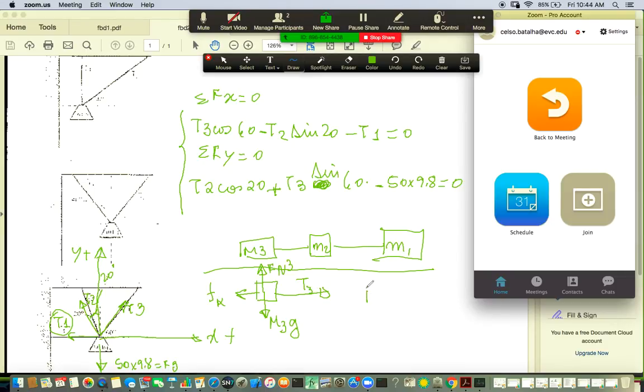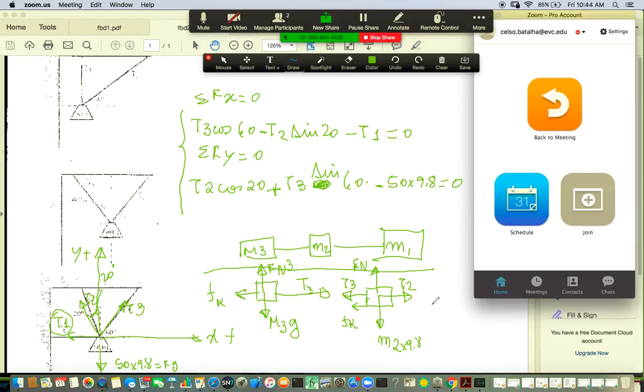Now, if you go to the mass M2, there is the weight, M2 times 9.8, normal force. The reaction of that T3 has the same magnitude but opposite direction. There is also a rolling friction, and there is a tension T2 over there.